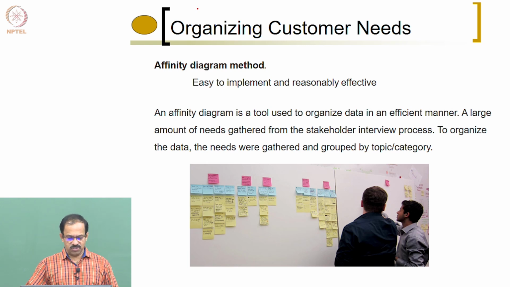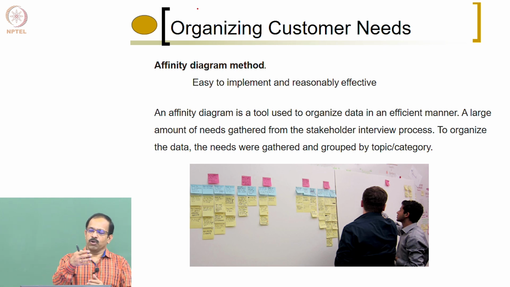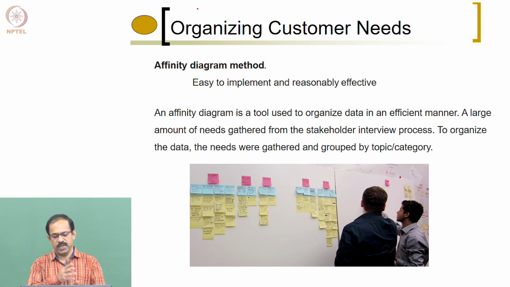The next important question is, now you have 100 customers giving you 100 needs, 100 customers giving you 10 needs each. You have 1000 needs, and then you have a lot of needs identified from your customer use pattern or the activity diagram. How do we compile them and then identify the actual needs?